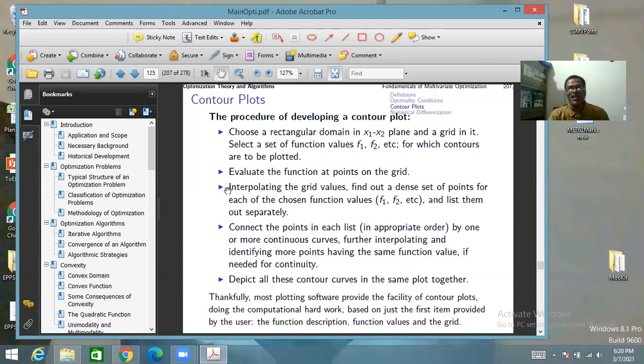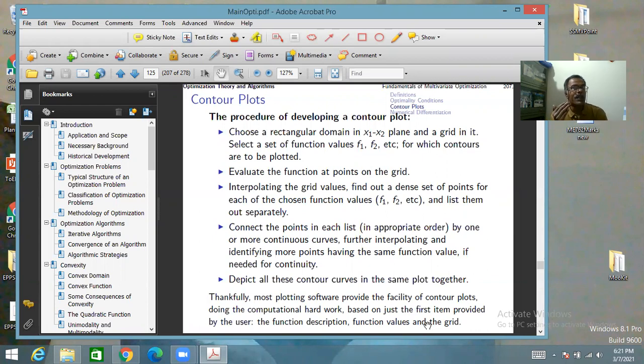That is, you have to describe the function for which you want the contour plots, and you have to give the function values, maybe some 9 of them or 30 of them, and the grid in which you want the contour plot. By only specifying this, which is what you want, most plotting software will give you appropriate contour plots.